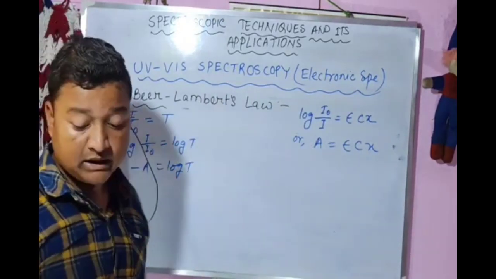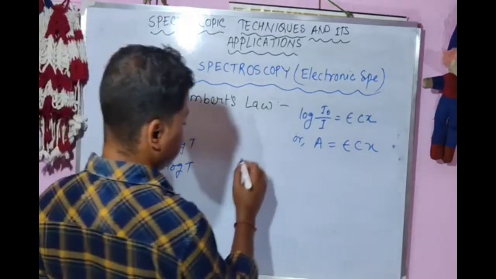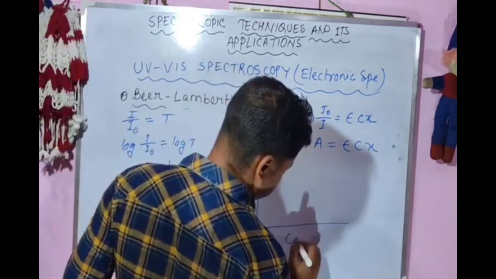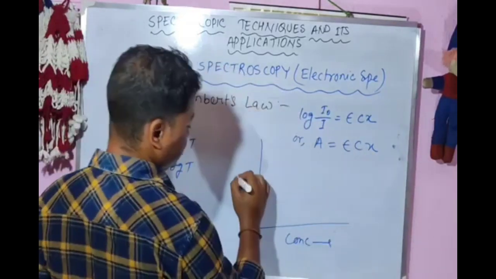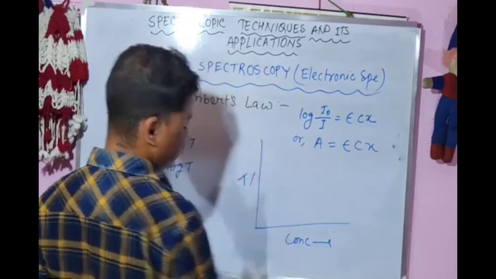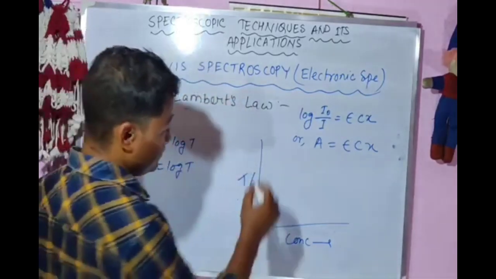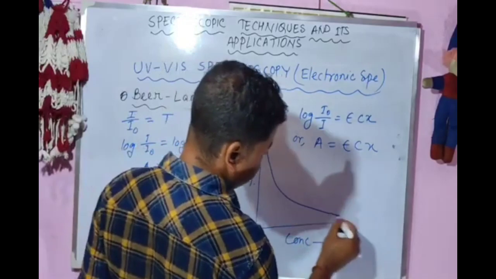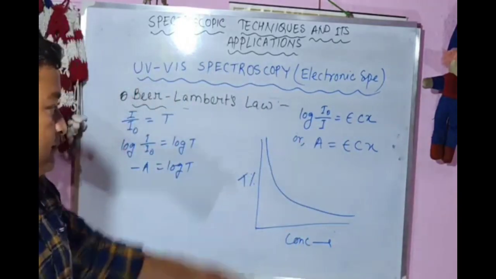If we plot percentage of transmittance versus concentration, then we find an exponential curve.